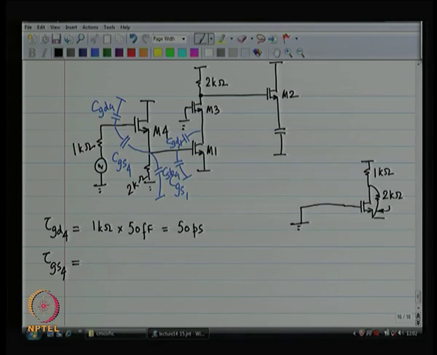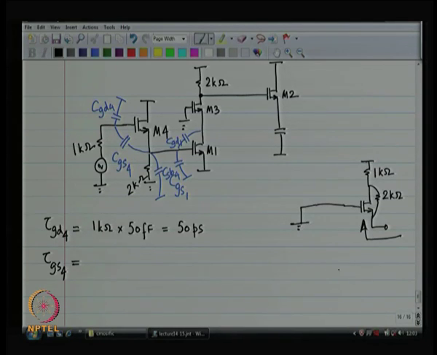Is this correct? That's okay? All right. Now, what do you see? This again falls into your template, right? You just have to modify the value of RDS.